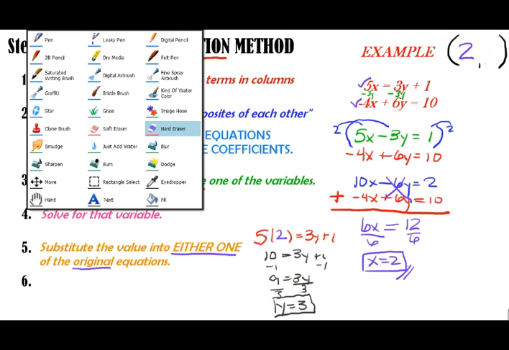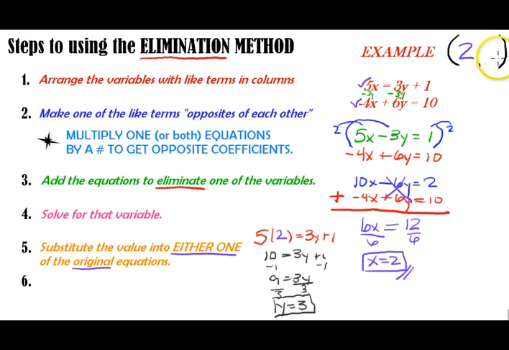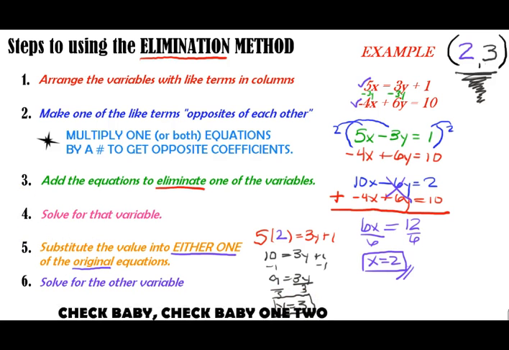Really what I'm looking at is the actual solution. So this right here is 3. So there's your answer. That right there is the solution to the system. The only other thing that you need to do, oh sorry, I actually got ahead of myself. Step 6 is to solve for the other variable, which we just did. We solved for y. And then really the last step, and you got to do this, is check.